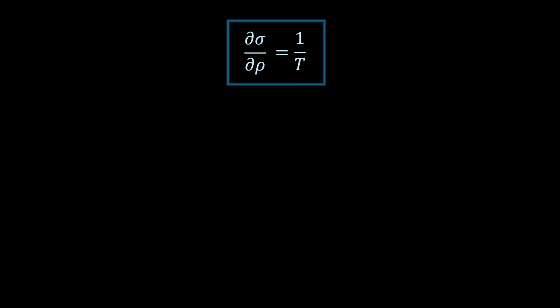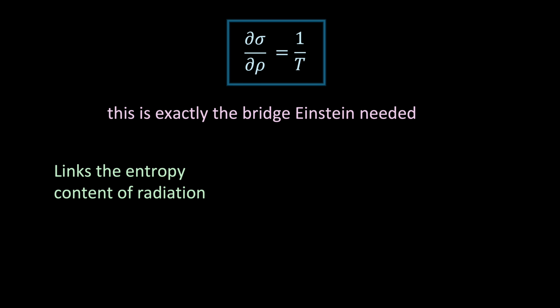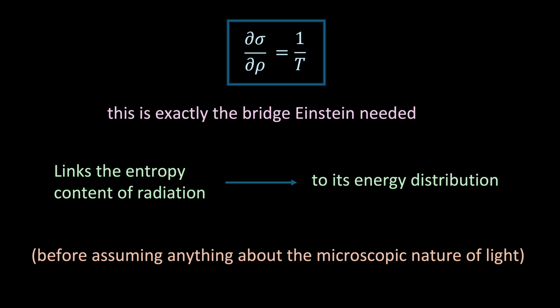And so we see that the equilibrium condition becomes dσ/dρ equals 1/T. And this is exactly the bridge that Einstein needed. A purely thermodynamic relation that links the entropy content of radiation to its energy distribution. And this is before assuming anything at all about the microscopic nature of light.